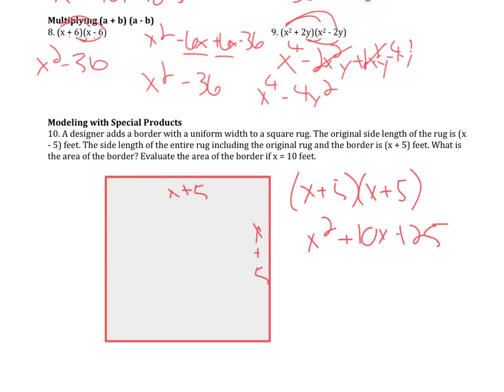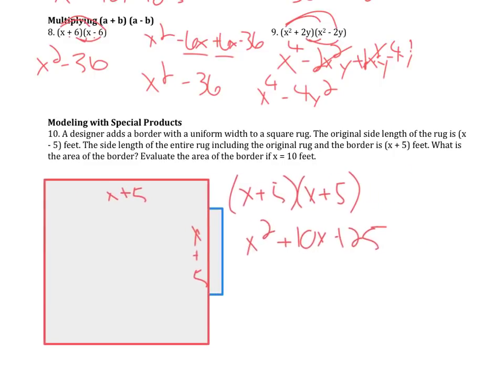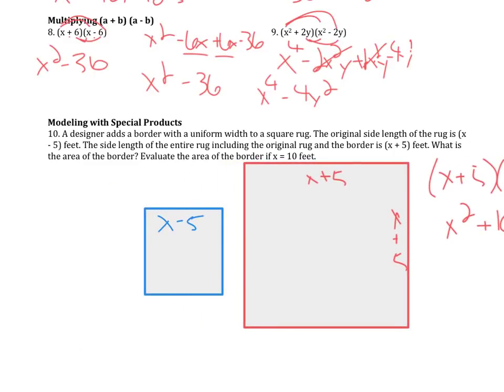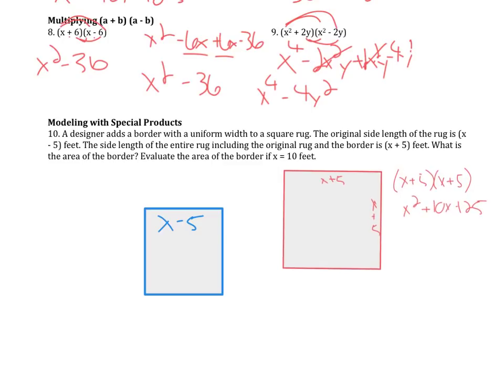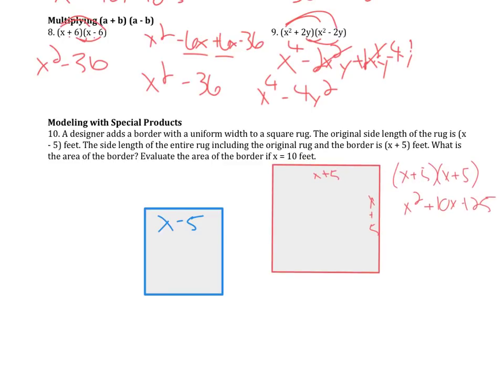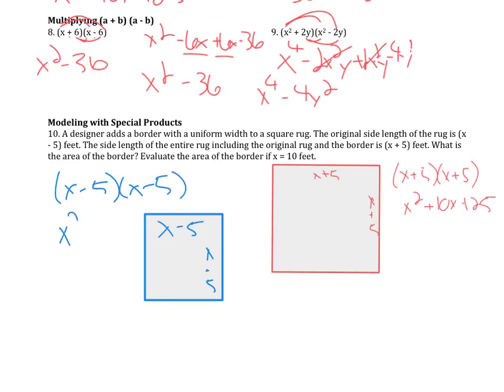Then, as we move that off to the side, we know that smaller portion is x minus 5 by x minus 5. We multiply that together, and that gives us x squared minus 10x plus 25. So that's our original rug.